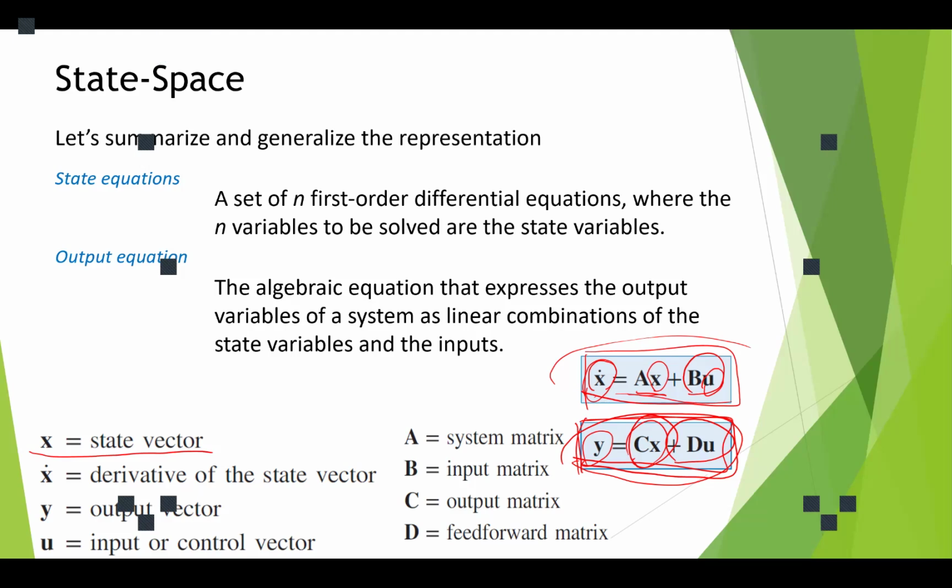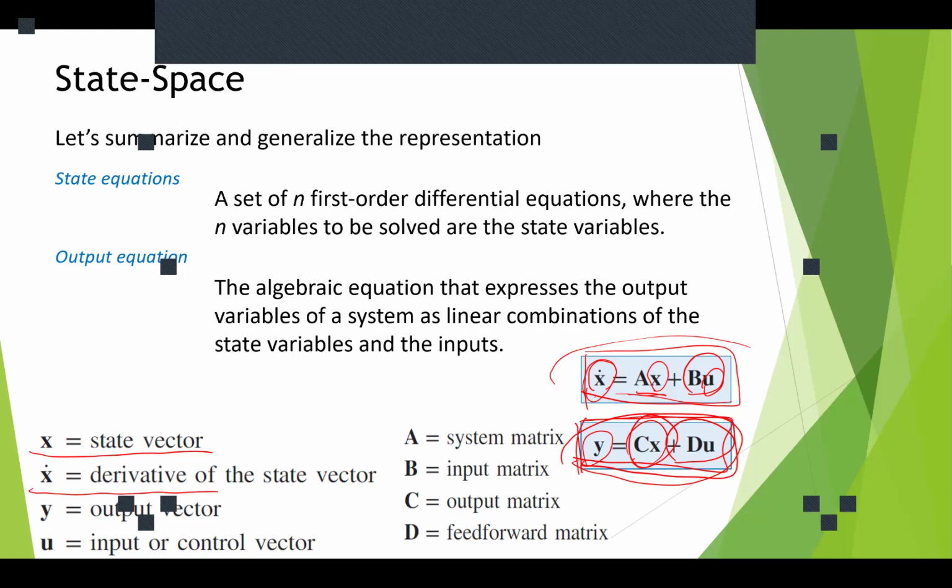I'm emphasizing that they are not necessarily an actual physical variable. This is a mathematical representation that we define. So we could turn that nth order differential equation governing our system into n first order differential equations. Is that clear?